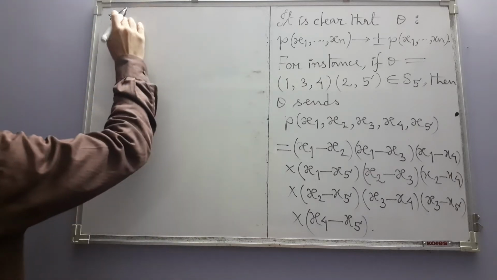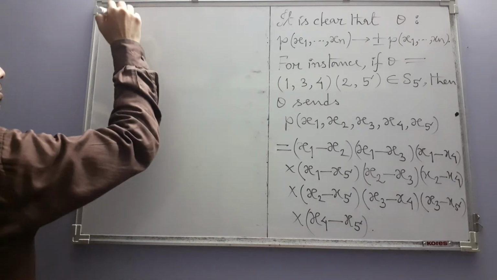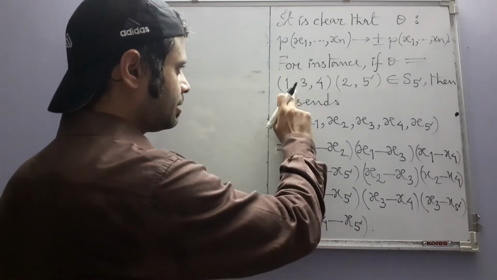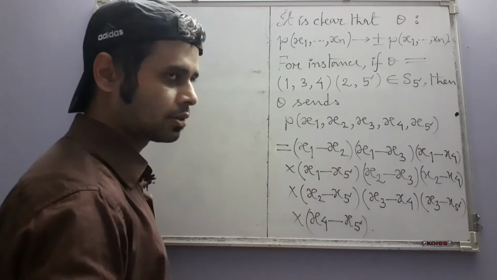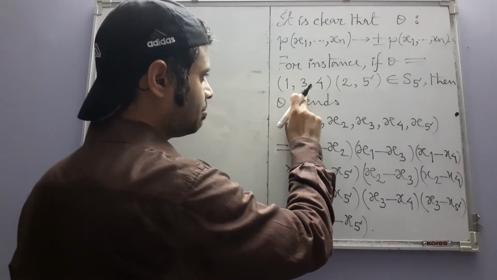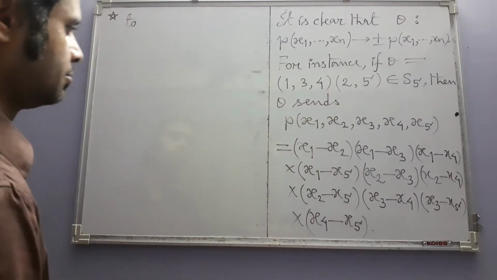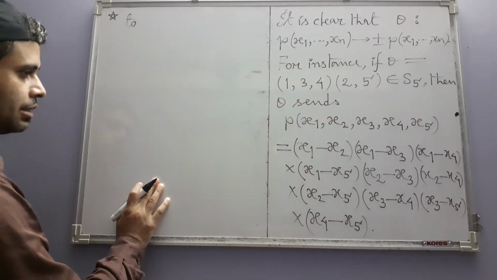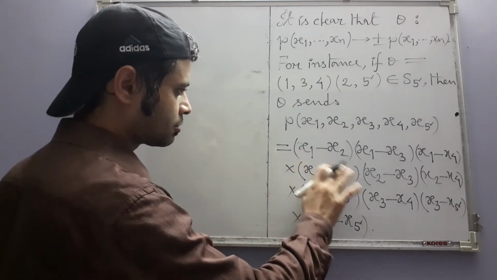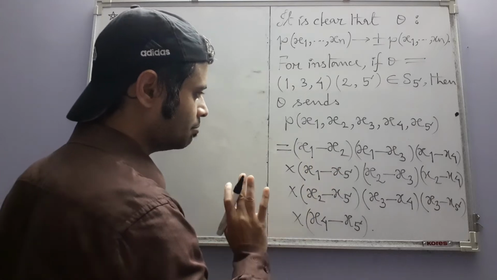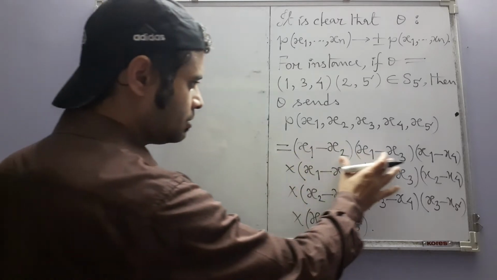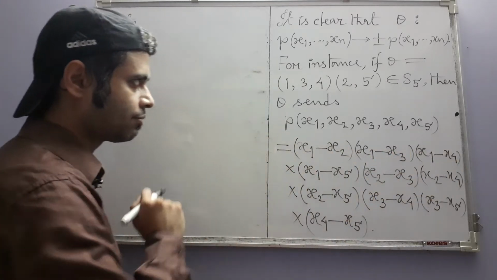Sends this to, okay, so what will theta actually do to these subscripts? 1 will be changed to 3. Okay, so 1 will be changed to 3. So to avoid confusion and to stop ourselves from committing any mistakes, let us first of all write these factors where we have x1.